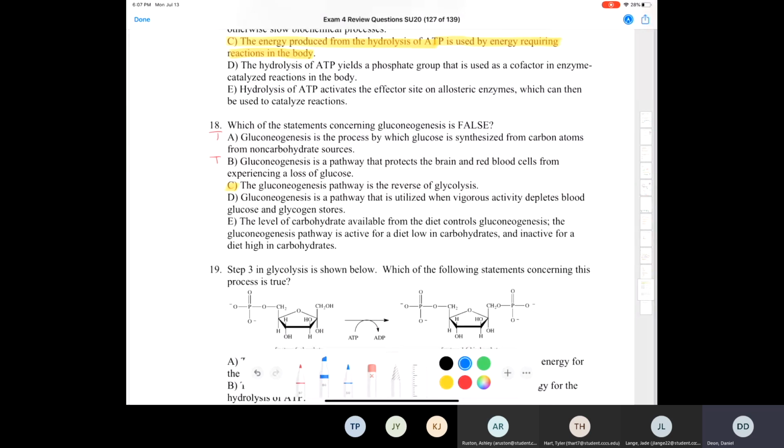And in fact, I go over this in my videos, how steps 1, 3, and 10 are catalyzed by different enzymes in gluconeogenesis. Some of the enzymes in the two pathways are similar, but steps 1, 3, and 10 use different enzymes. And so gluconeogenesis is not exactly the reverse pathway of glycolysis.